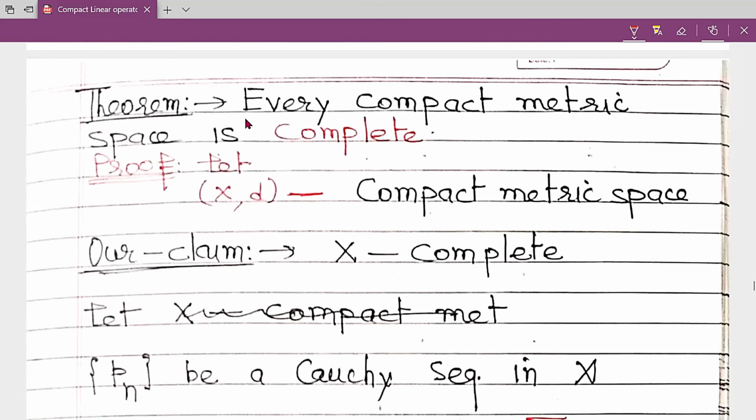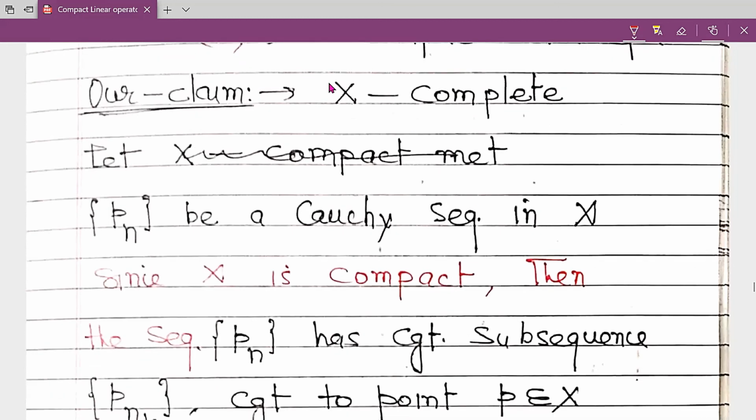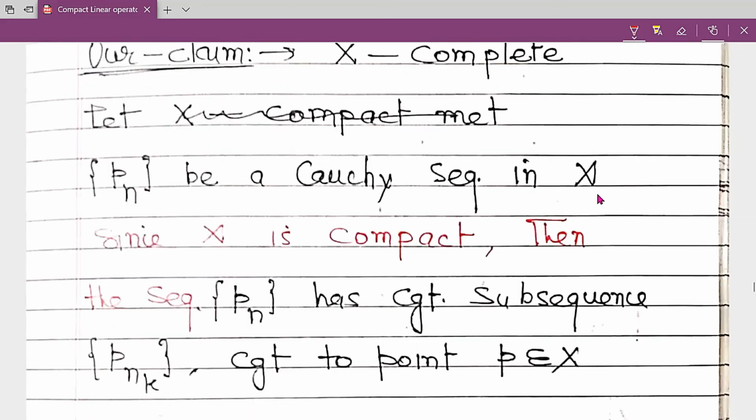Now the next result is: every compact metric space is complete. That we already read in the lower classes. So let X be compact. Our purpose is to show X is complete. To prove completeness, we will take a Cauchy sequence and show it converges to a point of X. So let pn be a Cauchy sequence in X. Since X is compact, by the definition of compactness, every sequence has a convergent subsequence.